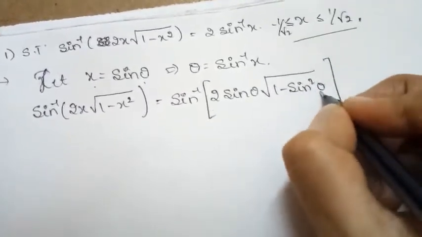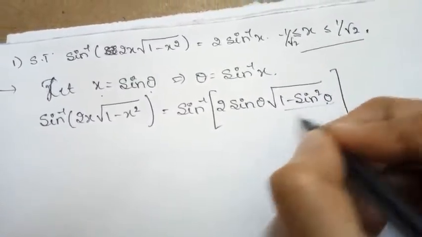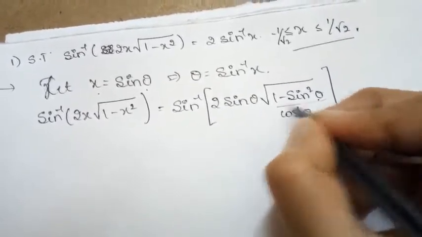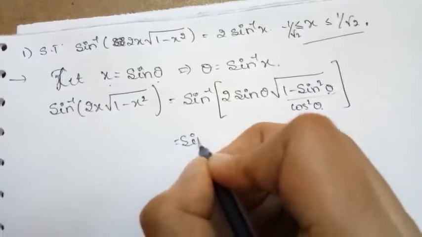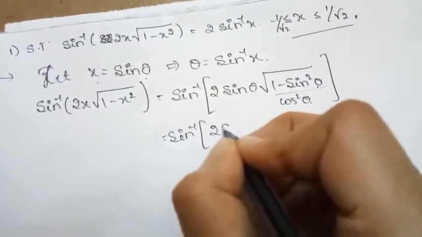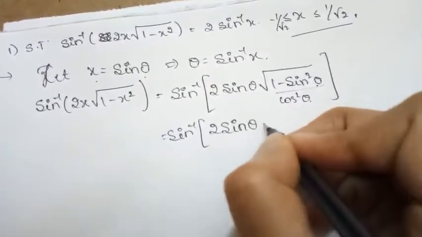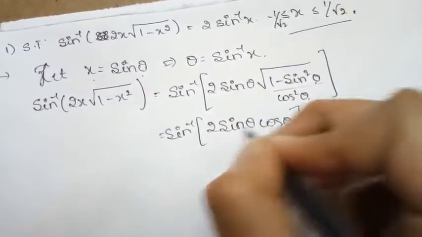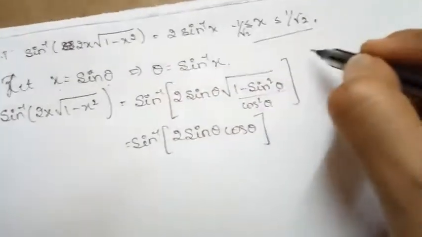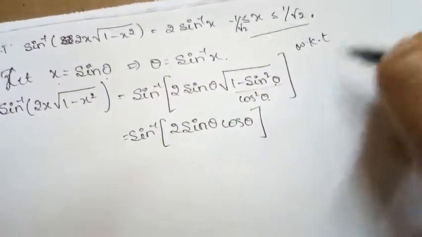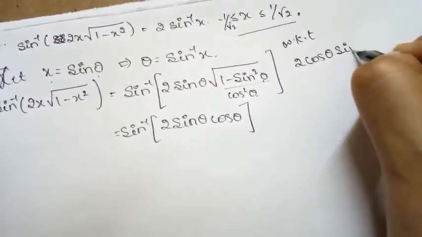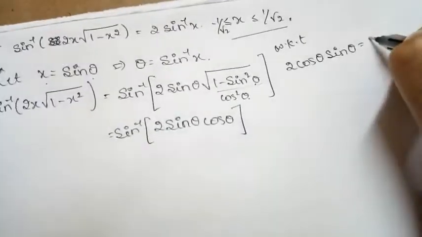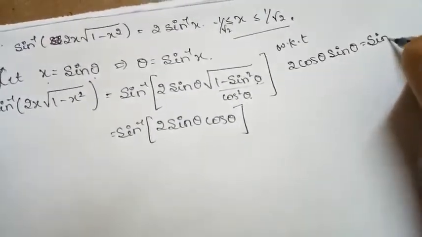So what is 1 minus sine square theta? It is cos square theta. So what is square root of cos square theta? It is cos theta. So what happens? Sine inverse of 2 sine theta into cos theta. So what is 2 sine theta into cos theta? We know that 2 times cos theta into sine theta is equal to sine 2 theta.